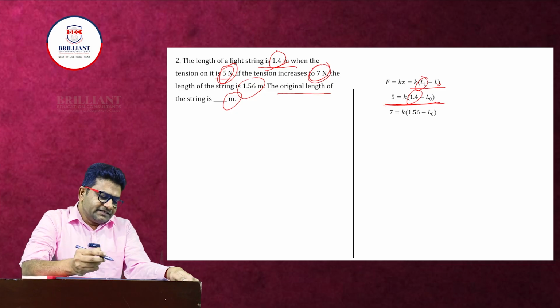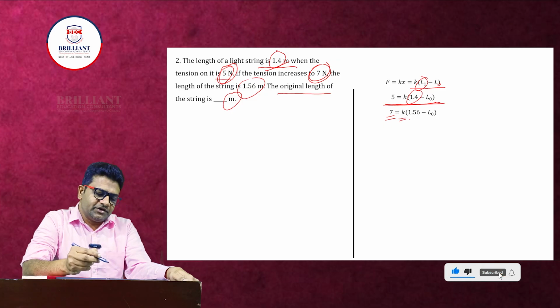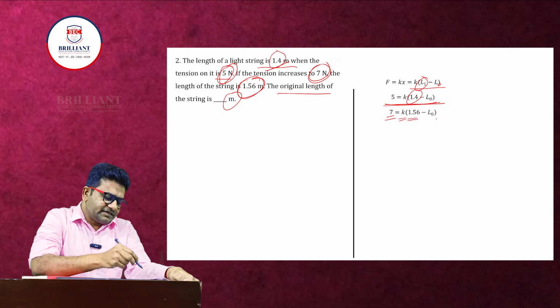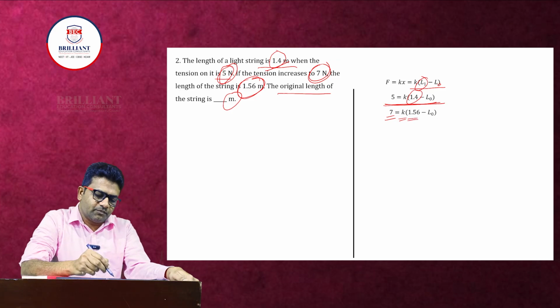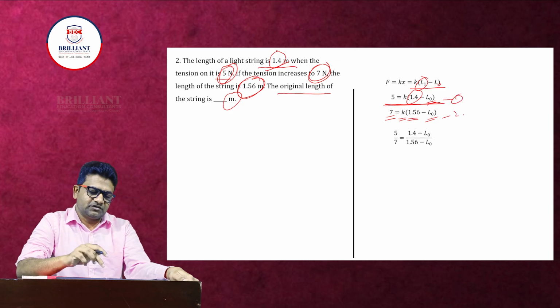Now in the second one, if we increase the tension to 7 Newton, we get 7 is equal to K into 1.56 minus L0. In both these equations L0 is there. By using these two equations you have to find the value of the original length L0.